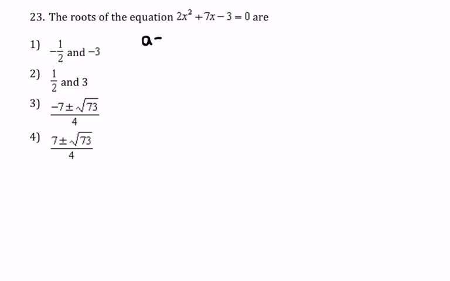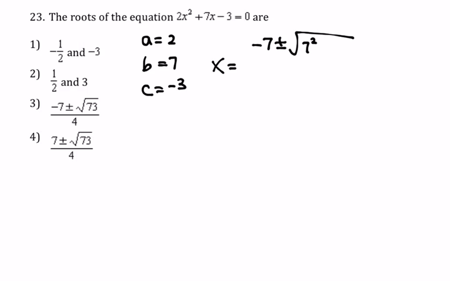Let's look at number 23. We have to use the quadratic formula to find the value of x. a is equal to 2, b is equal to 7, and c is equal to negative 3. By plugging into the quadratic formula, we get negative b, so negative 7, plus or minus the square root of b squared, so 7 squared, minus 4 times a times c, which is negative 3, all over 2a, which is another 2.